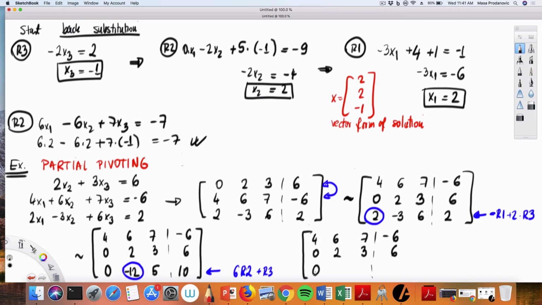So 6 times 2 minus 12 is 0. 6 times 3 is 18, plus 5 is 23. 6 times 6, 36, plus 10, 46. All is well, 46 is divisible by 23, so I'm not going to have to do more. Okay. Everybody got this?